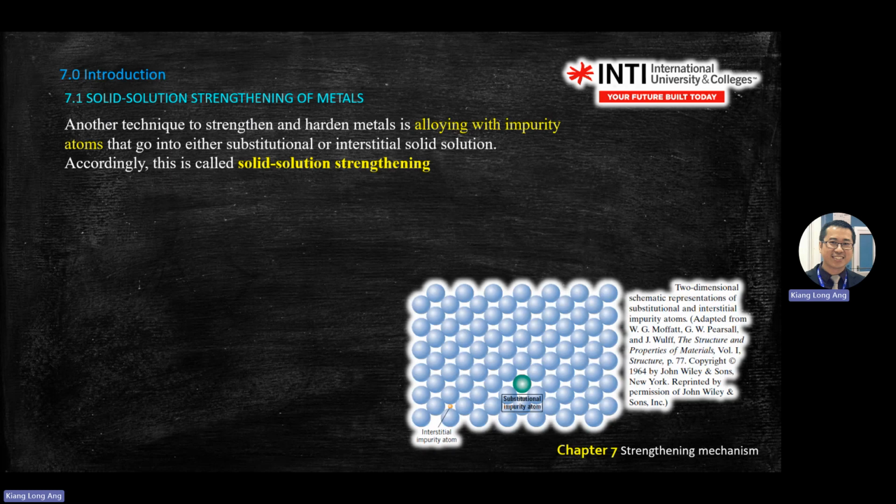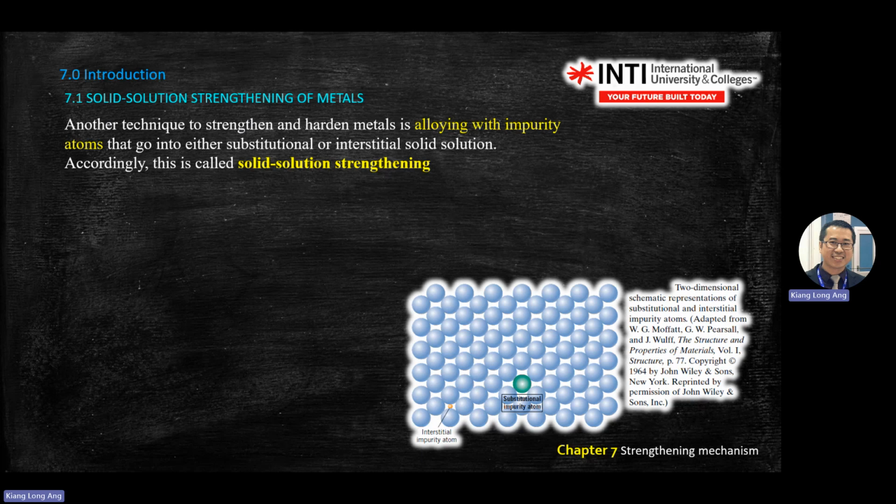Now, the first thing is we use a solid solution to strengthen our material. So what do I mean by solid solution? Mix something in a solid state. For example, substitution means we find a similar shape or radius that meets the Hume-Rothery law, the one you see on the screen here with the green color sphere.